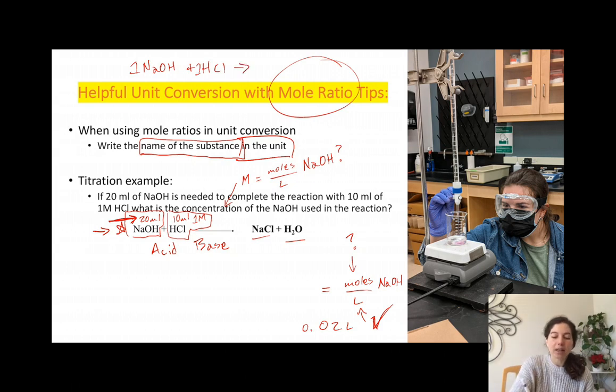So if we know how many moles of HCl we have, we can figure out how many moles of NaOH we have because we've got a 1-to-1 mole ratio. So we want to find moles of HCl. Let's take a look at how to do that.